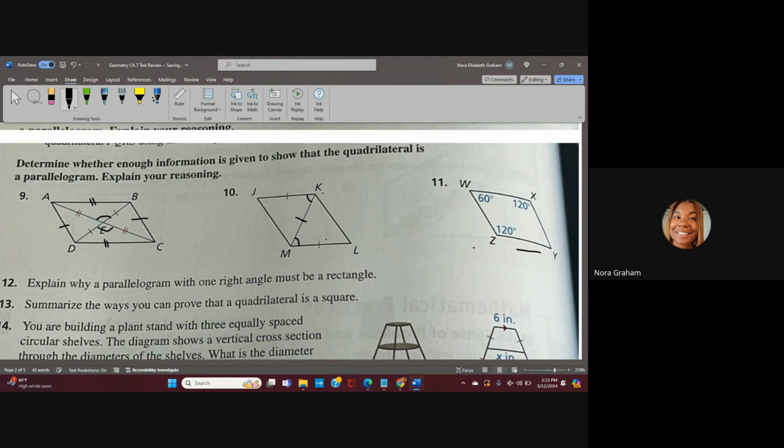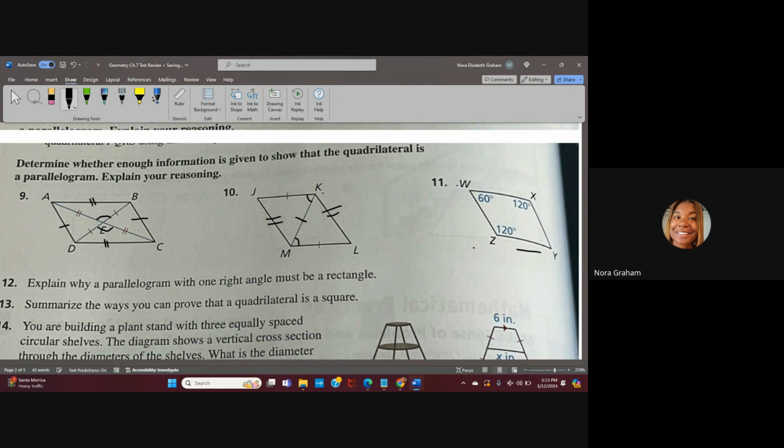So by side, angle, side, a postulate, I can say the corresponding sides are congruent. So this quadrilateral, indeed, is a parallelogram, because I used the postulate side, angle, side.